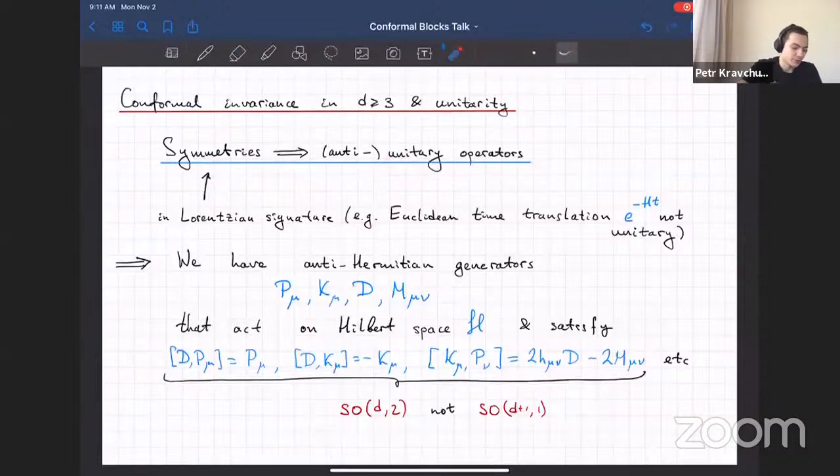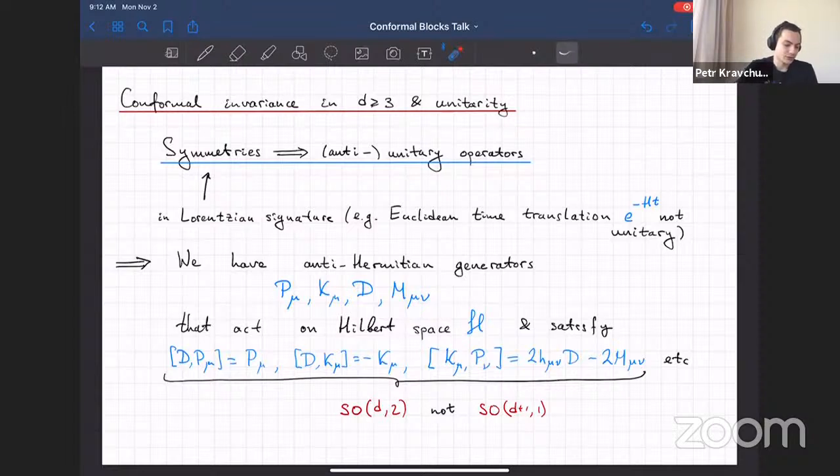However, for space-time symmetries, which depend on the signature of the space-time, it's important that we take the symmetries in Lorentzian signature. It's easy to see that for Euclidean signature, the space-time symmetries are not represented by unitary operators, because, for example, the standard Euclidean time translation is given by e to the minus Ht, which is certainly not a unitary operator.